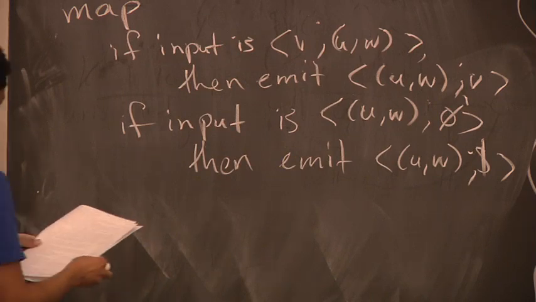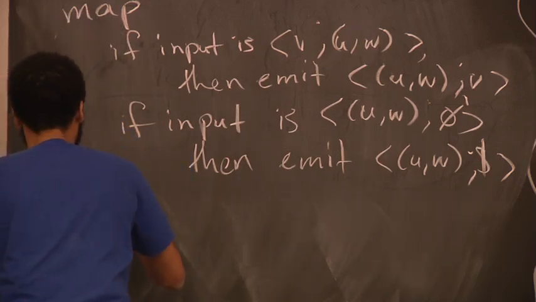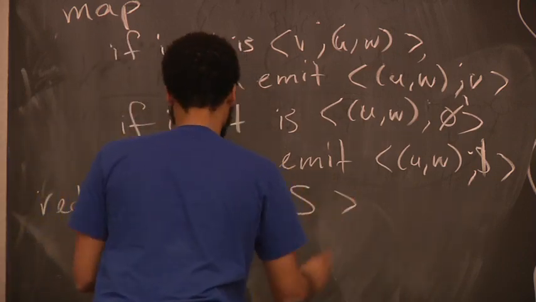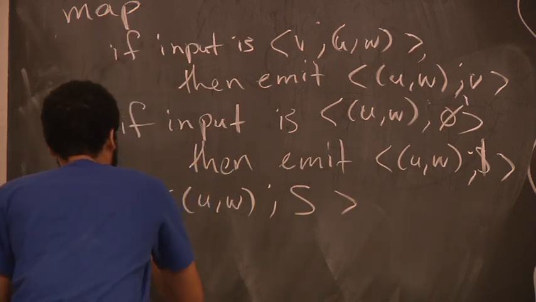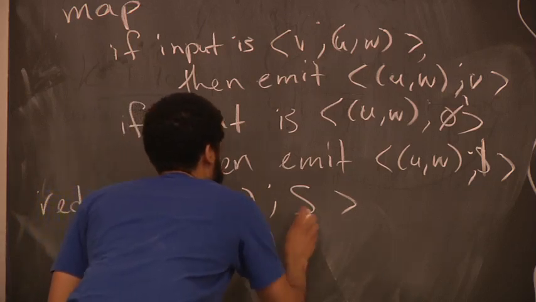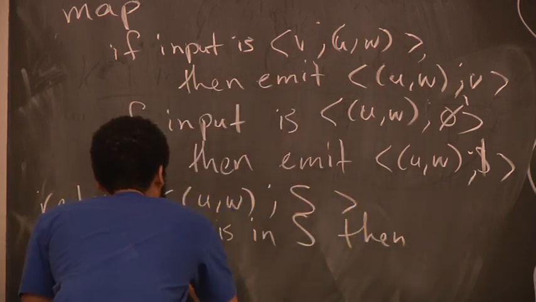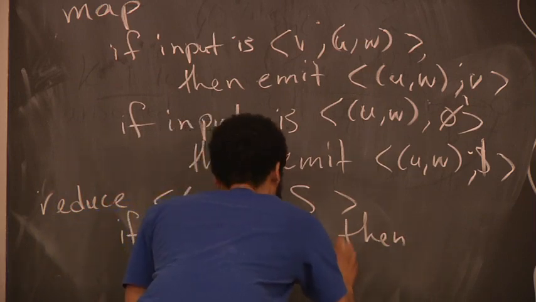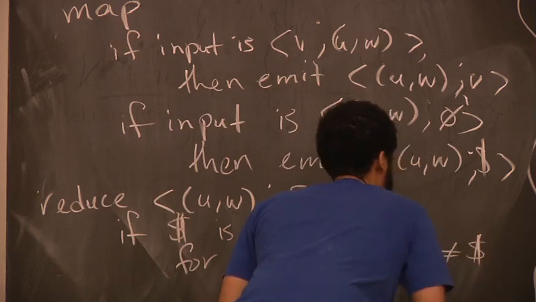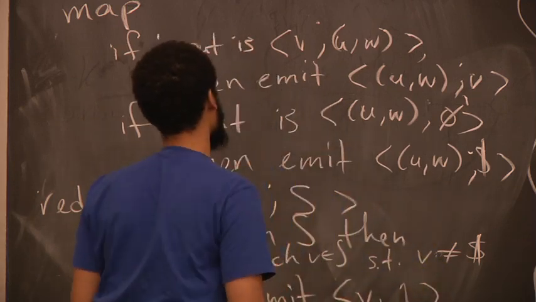And then finally, let me just say the reducer. If the $ sign is in S, then for each V in S such that V is not the $ sign, I'm going to emit V1.